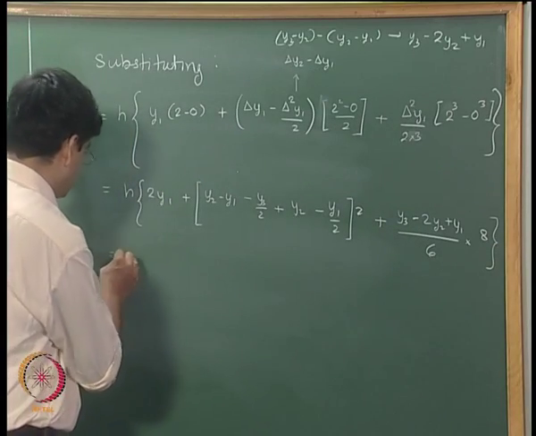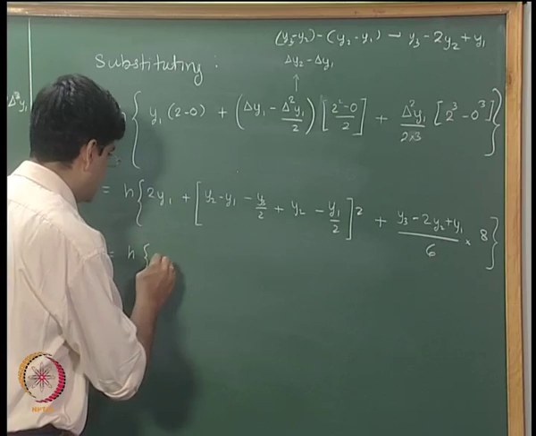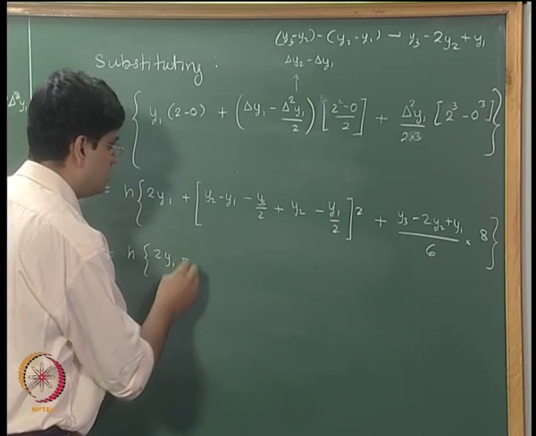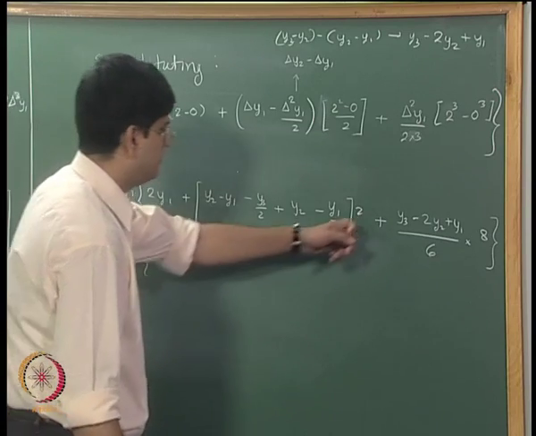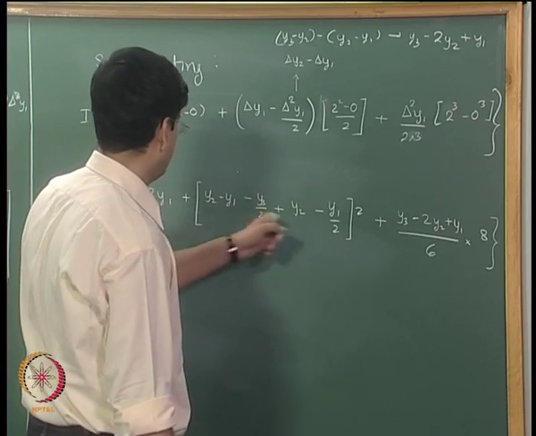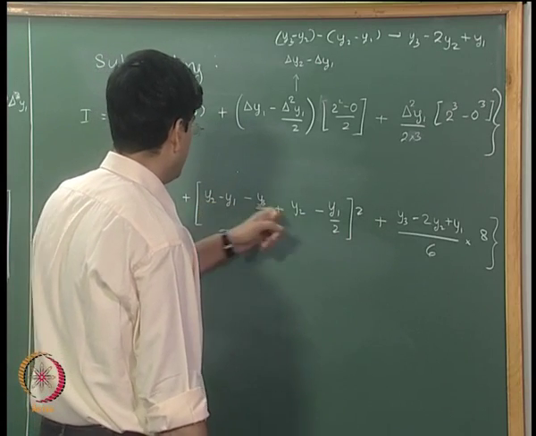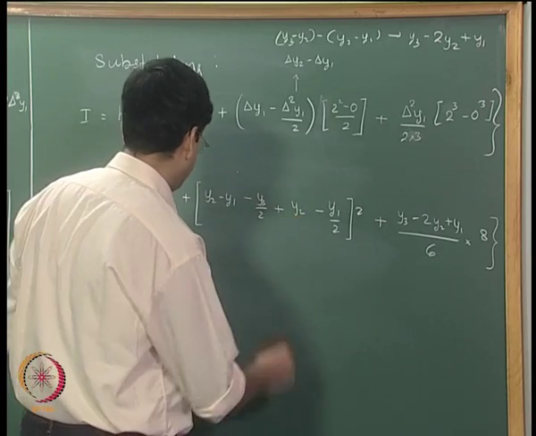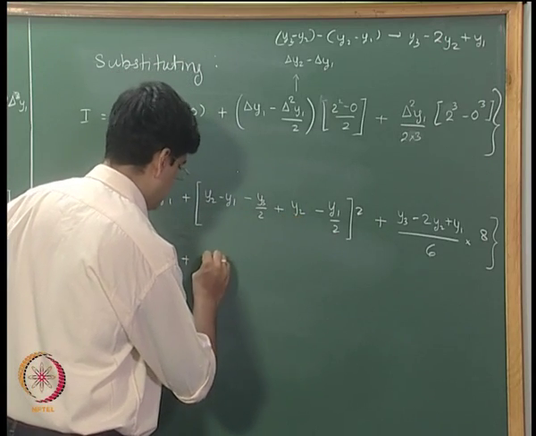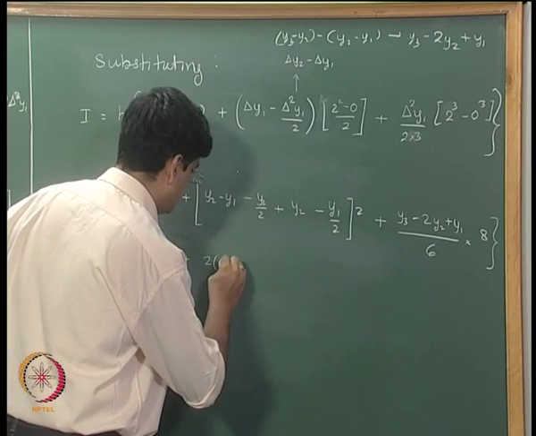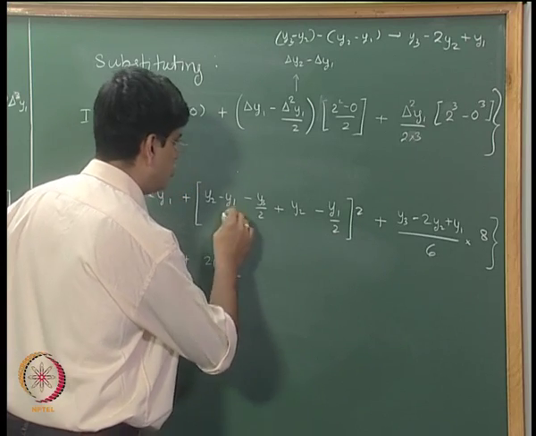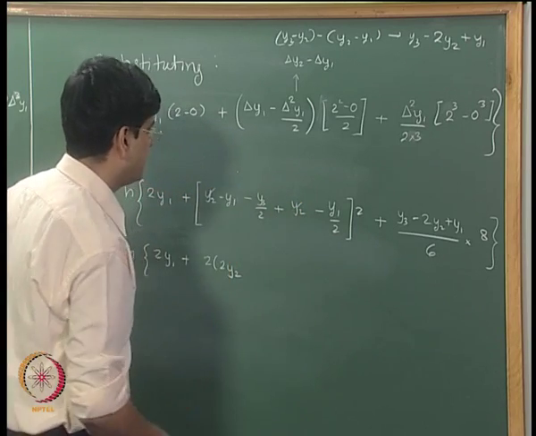Okay. So that will be h multiplied by 2 y1 plus, we will take 2 inside, so that is going to be 2 y2. So 2 multiplied by 2 y2, so these two have gone.